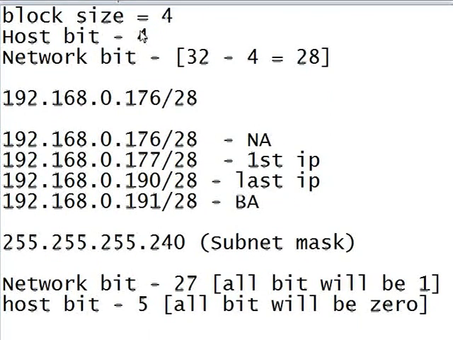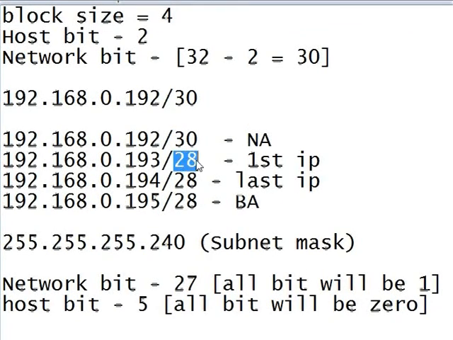If I am going for a block size of 4, it will be /30. So from 192 I will be getting all the /30 networks. Here I am getting only two IP addresses: 192, first IP is 193, last IP is 194, broadcast address is 195. So this is /30.